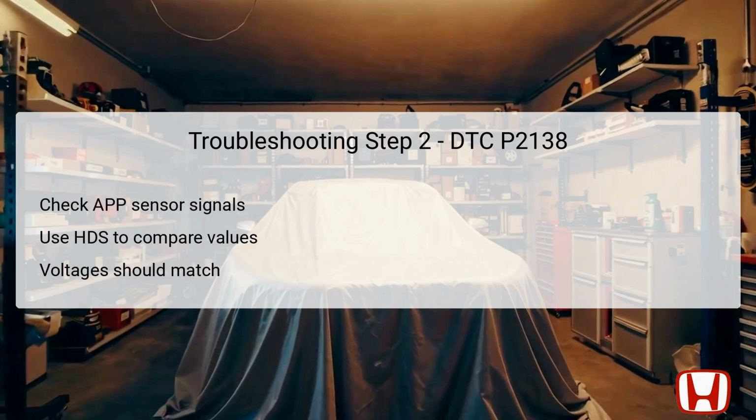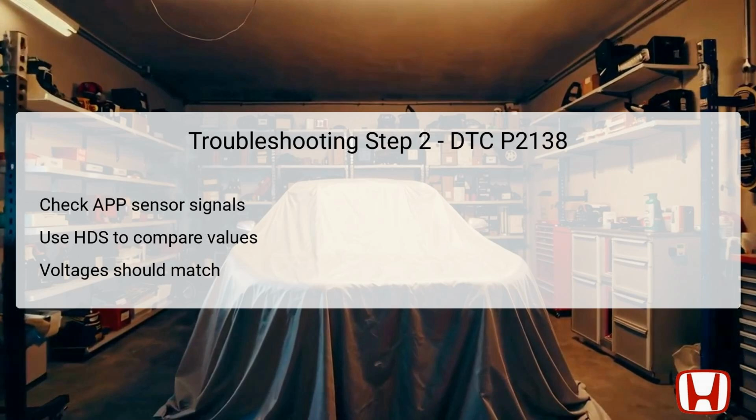Moving on to the second troubleshooting step, technicians must determine the possible failure area by checking the voltage signals of APP sensor A and APP sensor B using the HDS. It is crucial to observe the parameters indicated on the tool, particularly focusing on the voltage readings from both sensors.